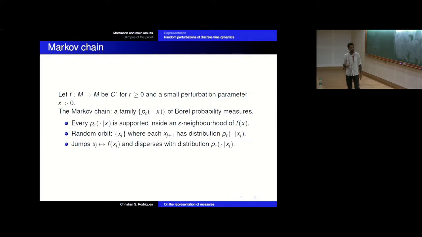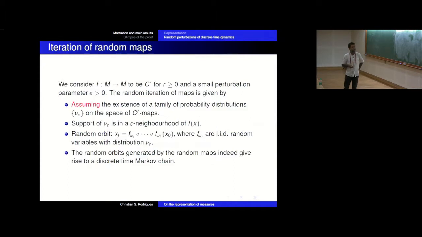It turns out that to do ergodic theory in this context, it's not so easy to look from this perspective. And what people usually do, starting, I guess, from Kiefer, is to consider the random perturbations in terms of a sequence of random maps.